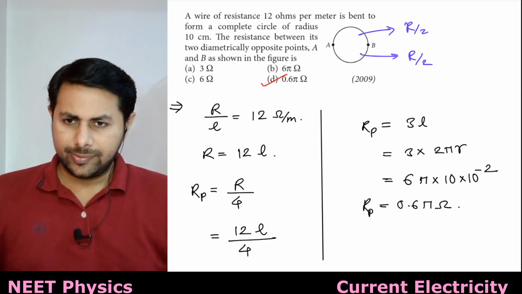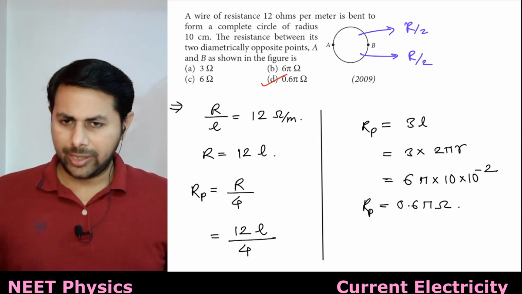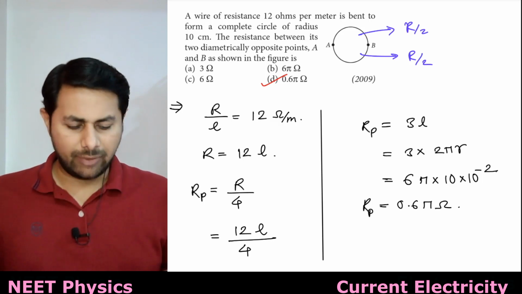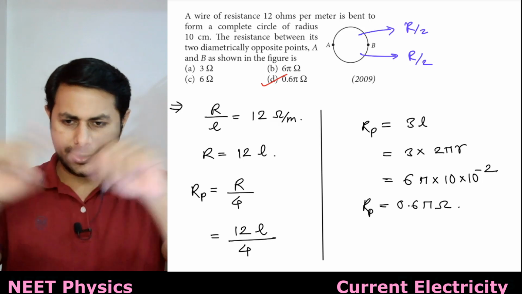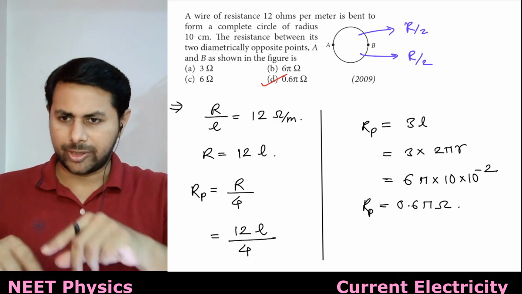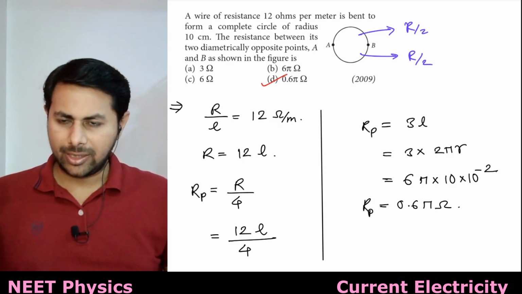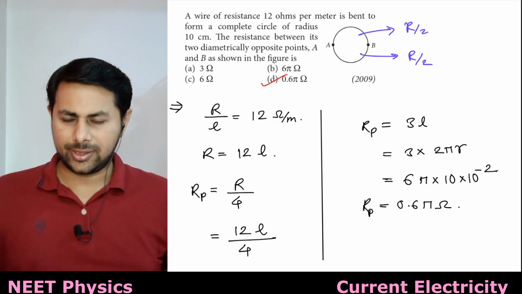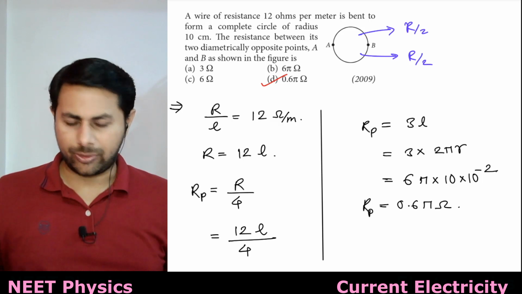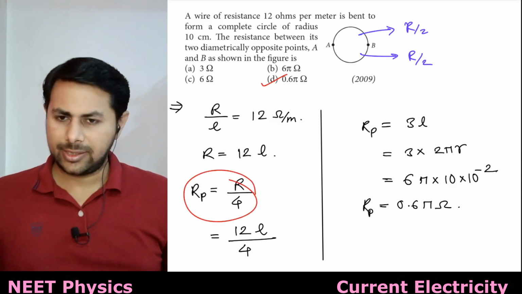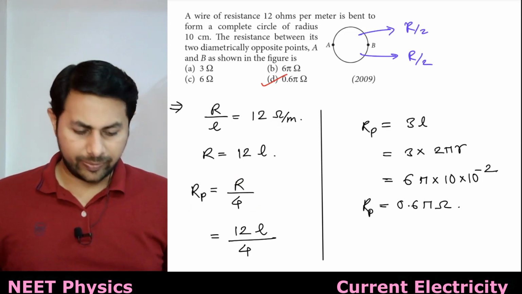Okay, so now you can remember this. If there is a wire having resistance R, if it is bent and a circle is formed, and then if you take diametrically opposite points, resistance between those two points will be just R by 4.